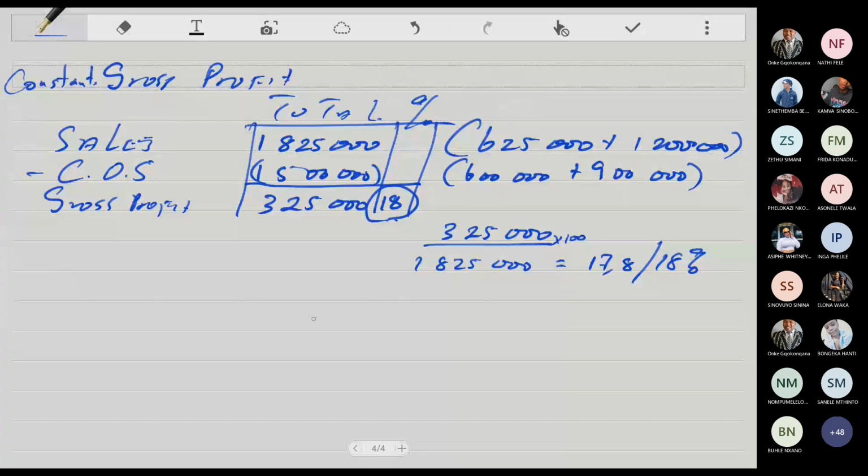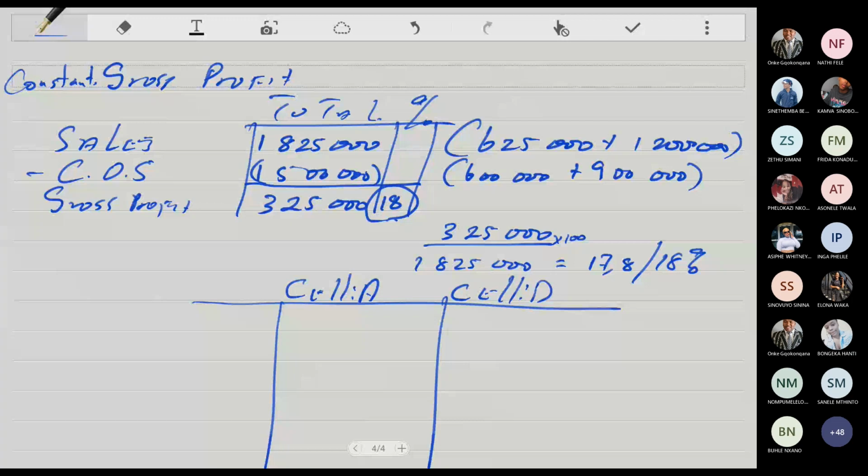So here then we've got product cell A and cell D. Now we look at how we are going to use this constant gross profit to allocate our joint cost.